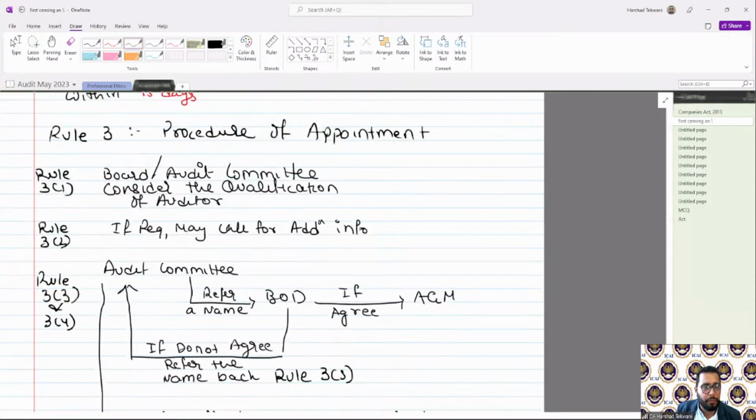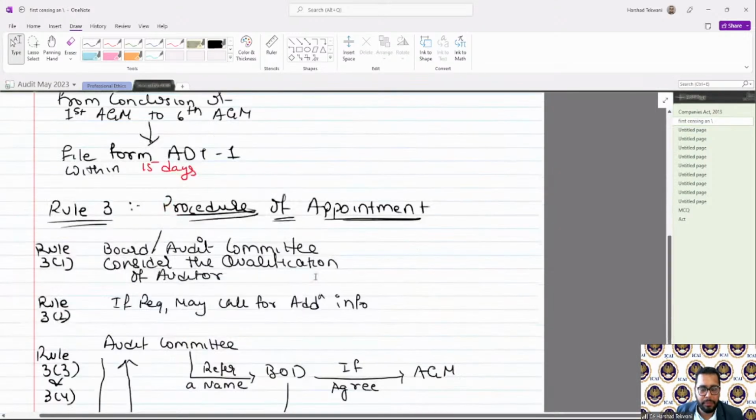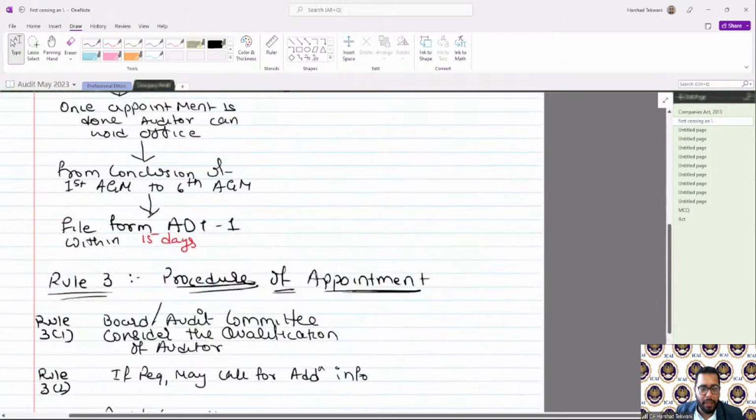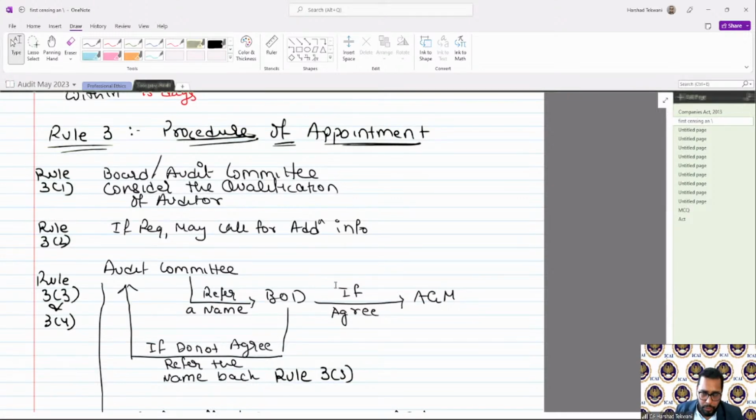Now, subsequent to this, there are additional requirements also prescribed in this rule. It says that they need to obtain a written consent from the auditor, a sort of certificate that he has complied with Rule 5 of the rules.